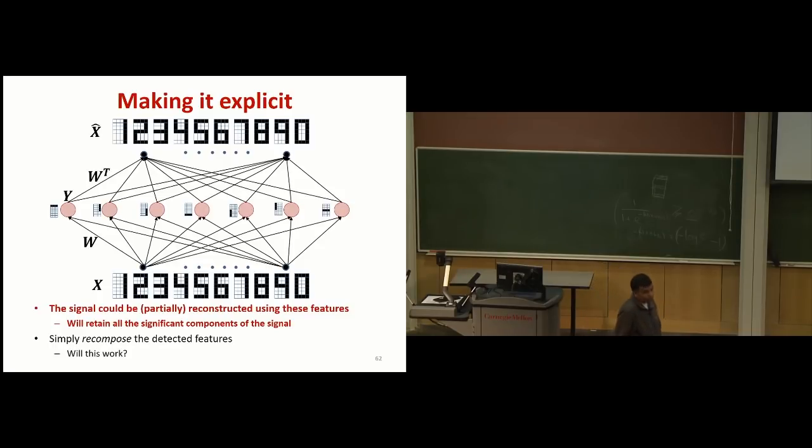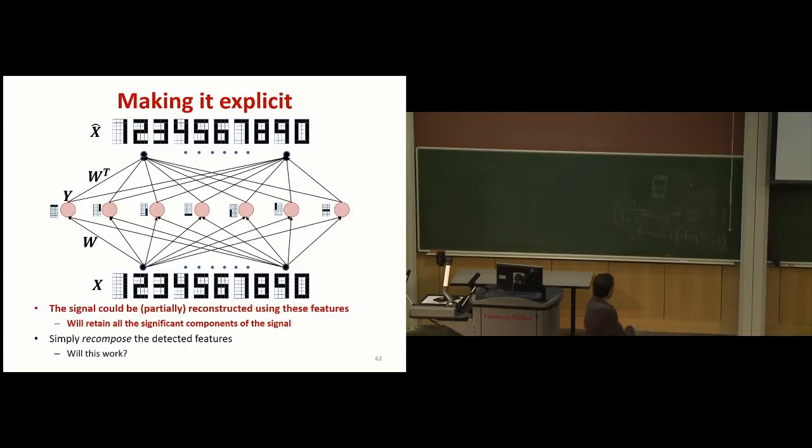So here's what the actual structure is going to look like. Here are the neurons. These are the weights. These neurons fire if the patterns represented by these weights are discovered. But when the neuron fires, how do I fill up the reconstruction? I fill up the reconstruction according to the weights themselves.